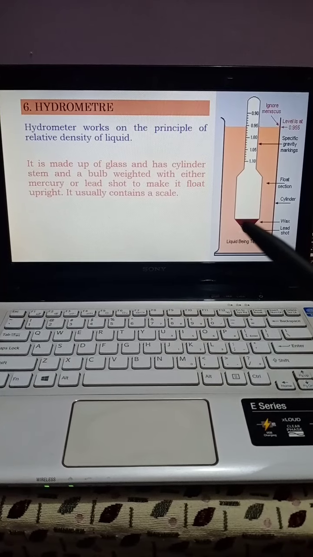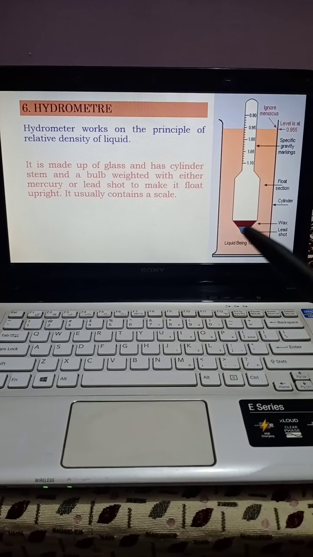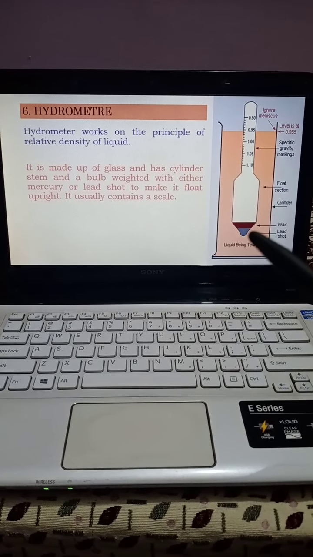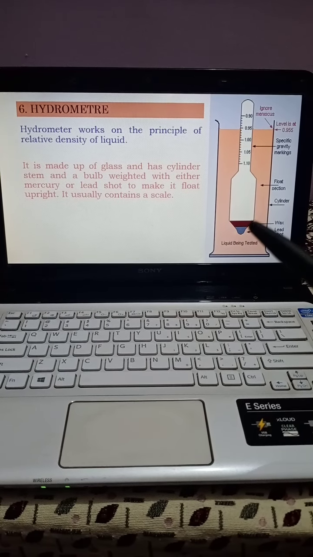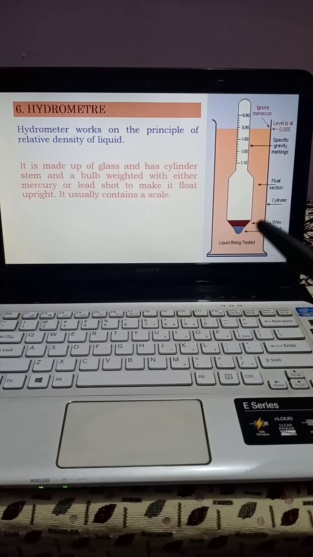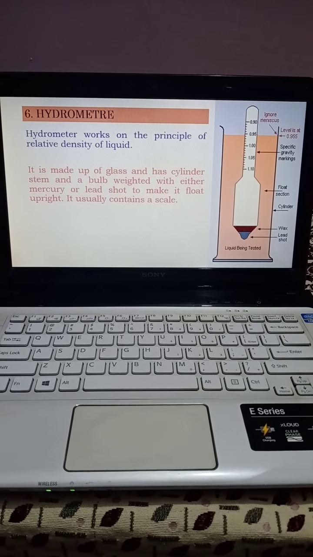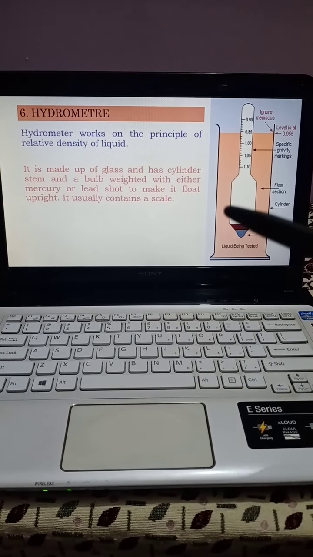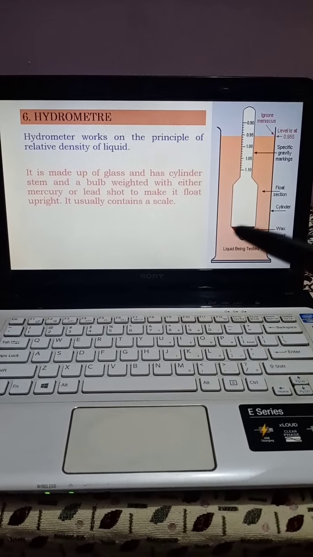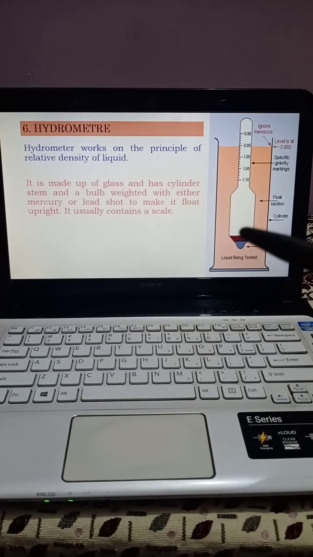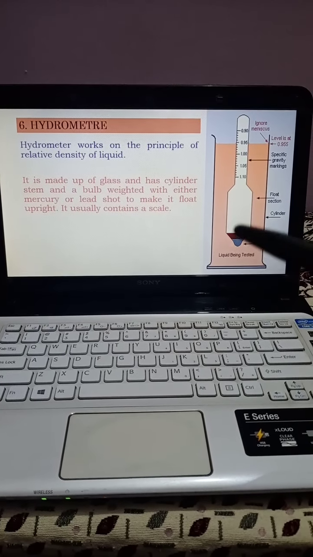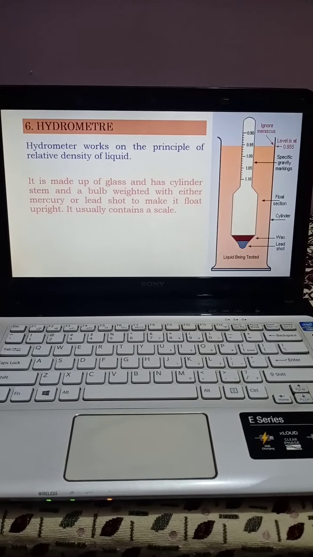So this portion is called the bulb. In this portion we can fill the mercury, which is of high density, or lead salt, which is also heavier material, so that when we pour this hydrometer inside any liquid, it can float properly, or it can balance on the liquid properly.